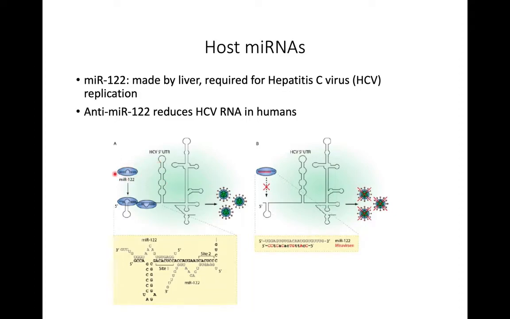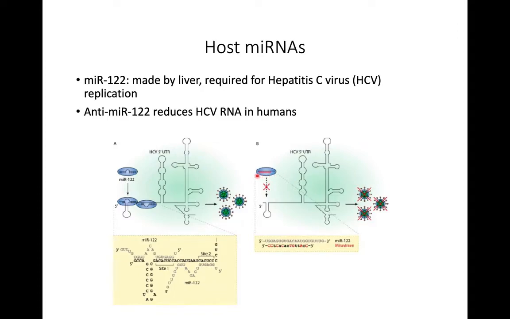So miR-122 binds to and associates with the viral RNA, with the viral genome, and this actually facilitates replication of the viral RNA to make more genome copies. So when we have miR-122 produced, we get a lot of virus replication, we get a lot of cell death and pathology in the human liver.